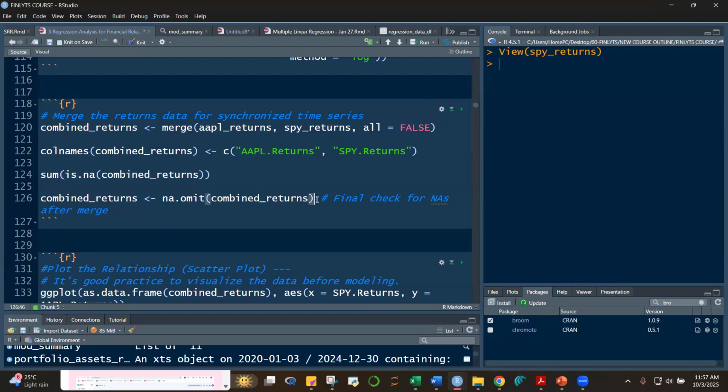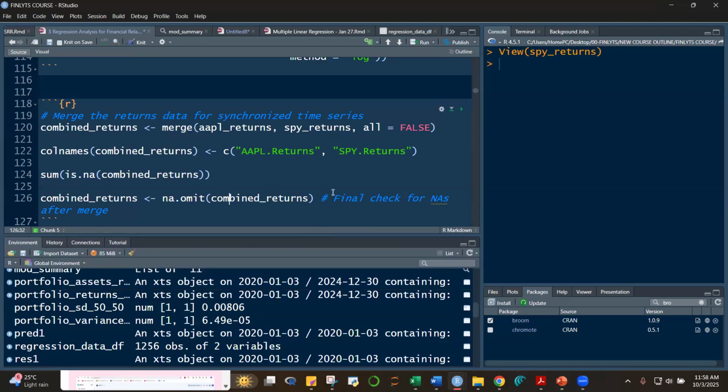Again, class, in this case, the omitting here should be the last thing that we should do, because we can do imputation. All right, I'll not run this because I have already run that. So you'll now have an object combined returns where you have Apple returns and SPY returns.